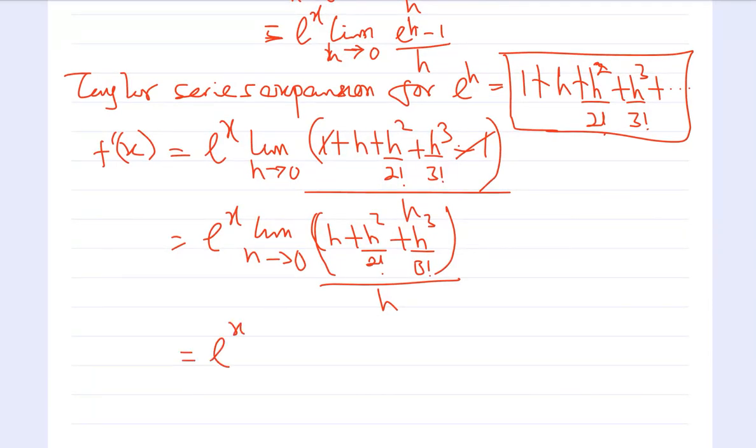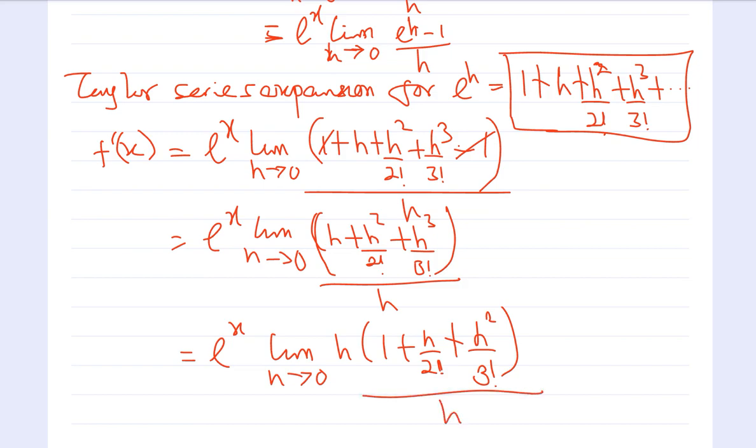So we have exponential x, the limit as h approaches 0, and we can factor out h there so that we have h times 1 plus h over 2 factorial plus h squared over 3 factorial, then divided by h.